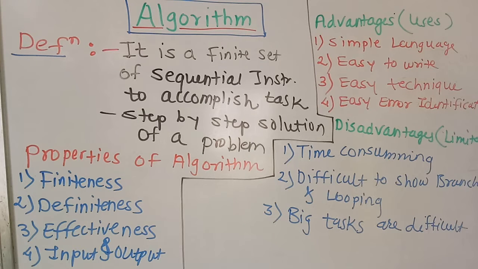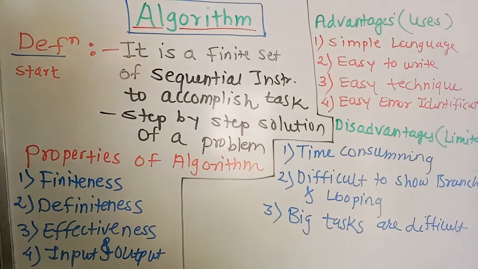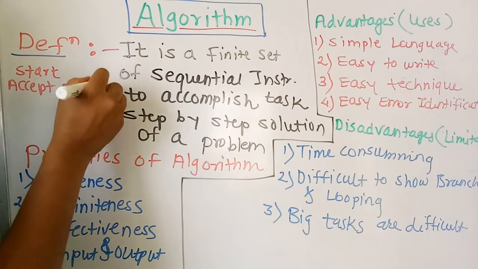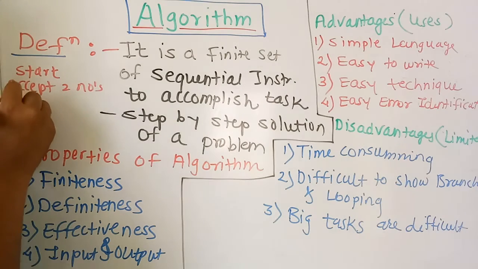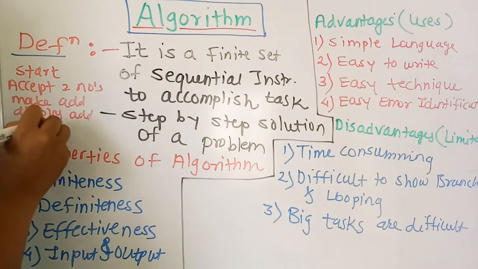Okay, so how will we write the algorithm? For example, to add two numbers, we start with our way of thinking and write in plain English terms: start, then accept two numbers, then make their addition, then display the addition, and then stop.